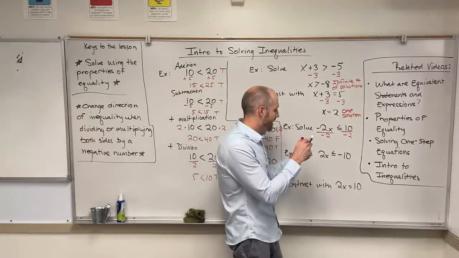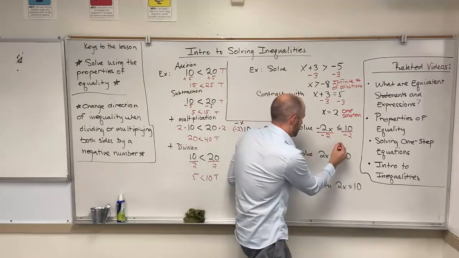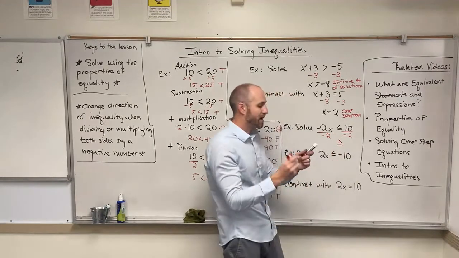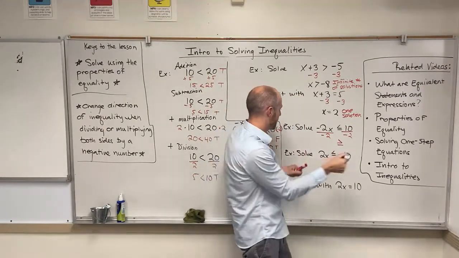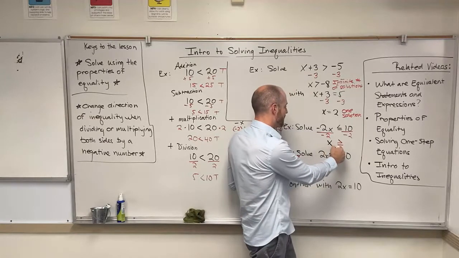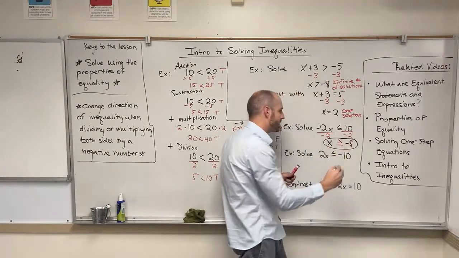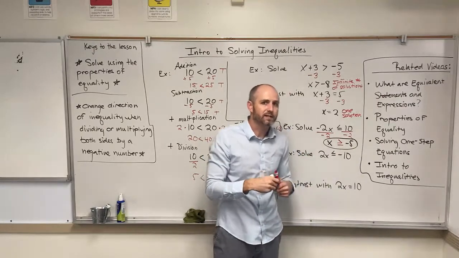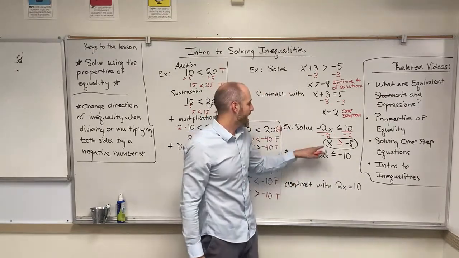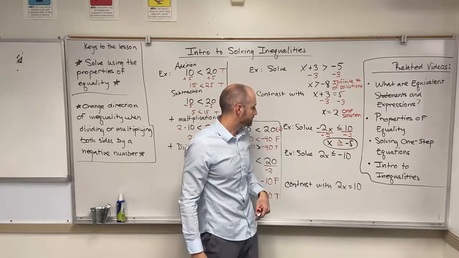So here, when we're dividing both sides by -2, this inequality should now be facing the other direction. And we'll have x is greater than or equal to -5. And there's our solution. An infinite number of solutions, as long as you pick any number that's -5 or greater, that will make this statement true.